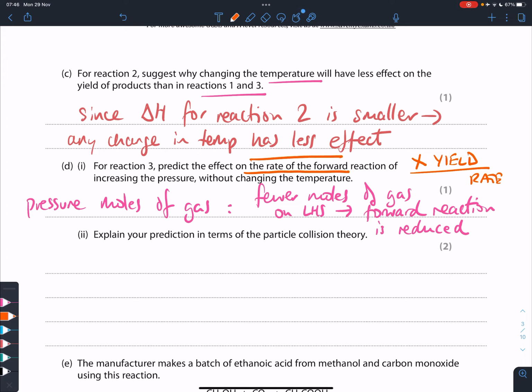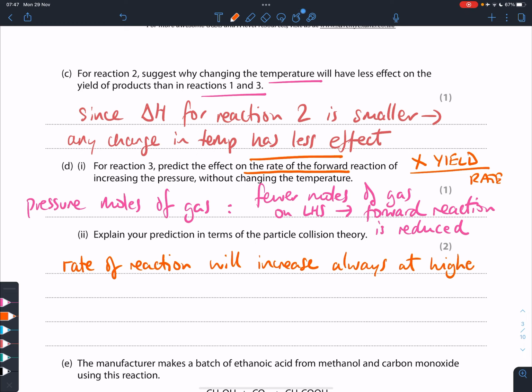Now the interesting thing is that the rate of reaction will always increase at higher pressures. Why?